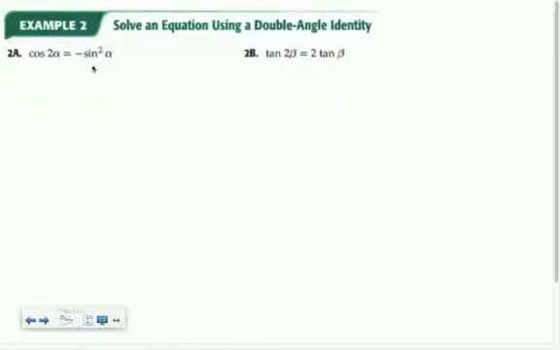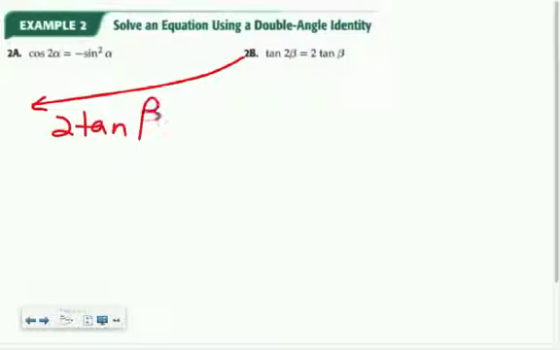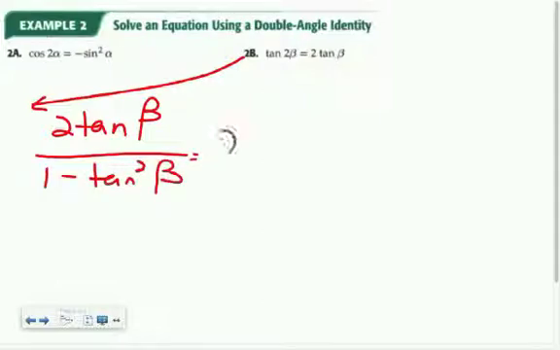For part B, I'm going to replace on the left-hand side that tangent of 2 beta with 2 tan beta over 1 minus tan squared beta, and that equals 2 tan beta.